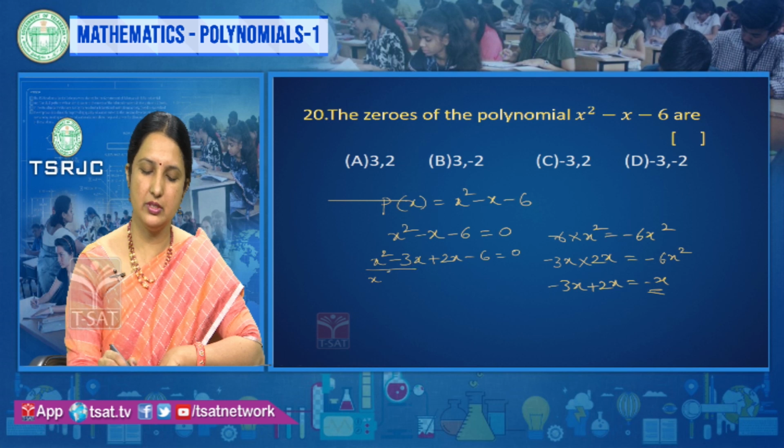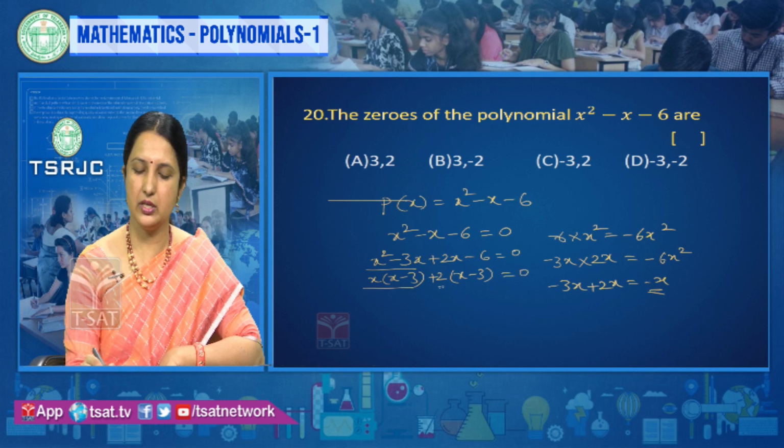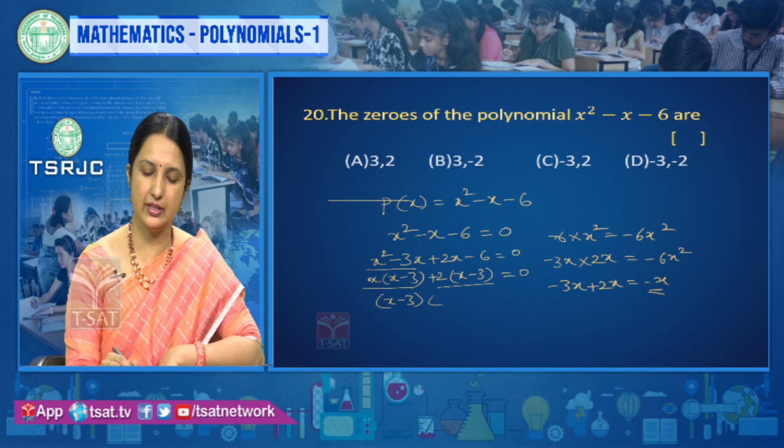In these two terms, x is common, bring it out, you get x minus 3. Here 2 is common, bring this out, you get x minus 3. Again you have 2 terms. In these 2 terms, x minus 3 is common, you bring this out. What is left? Here x is left and here 2 is left.